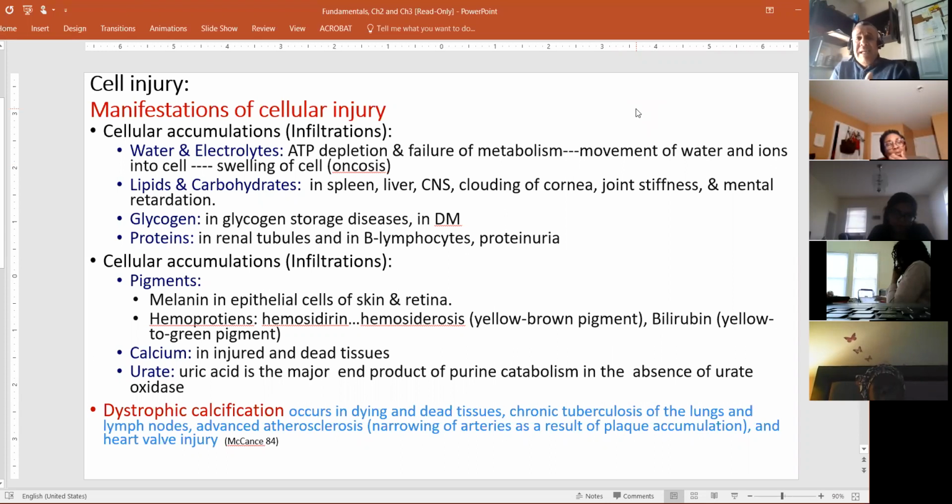In other words, the excess of iron is deposited in the liver, the spleen, under the skin, and the sclera. So how would the patient get this excess of iron? What would be the source of the iron?